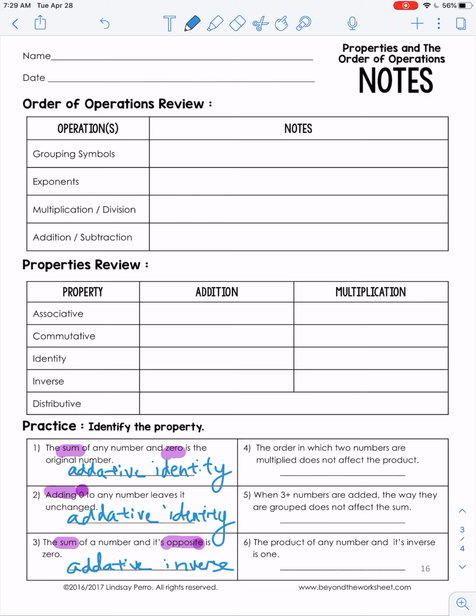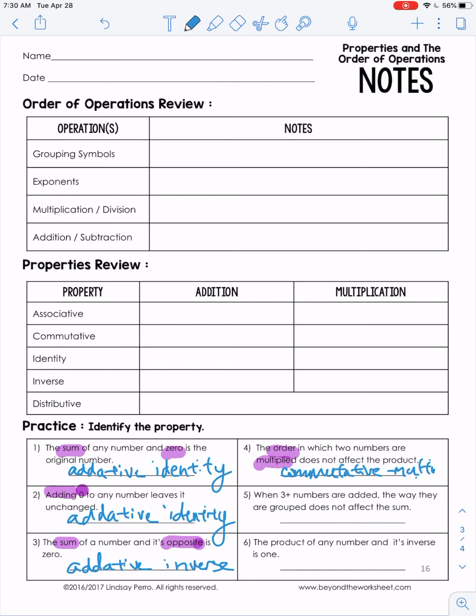Number 4, the order in which two numbers are multiplied does not affect the product. So we have order and multiplied. Which property is grouped with order? Order is commutative. And since we're multiplying, it's the commutative property of multiplication.